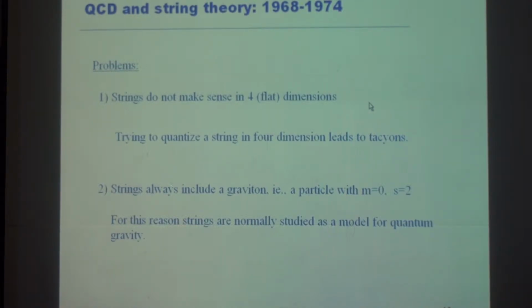Because string theory always includes a graviton. So basically string theory is now normally regarded as a model for quantum gravity, not for QCD, not for the strong interaction.